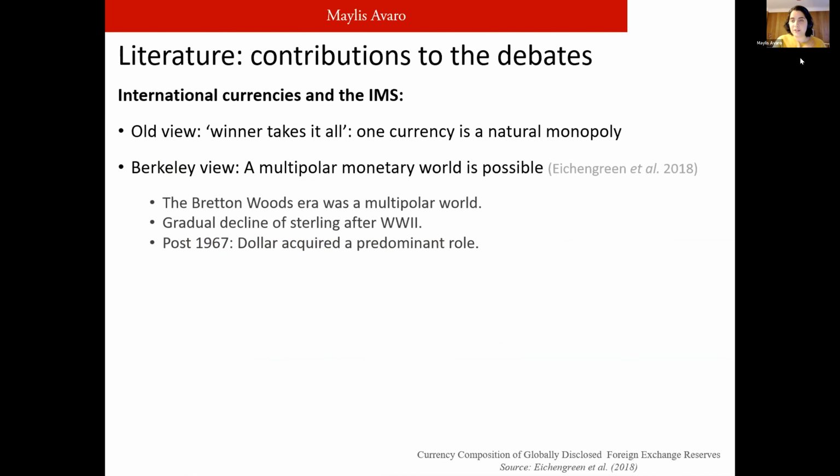So what are the debates around this question to which I contribute? First, there is the debate about the possibility of having a multipolar currency world. The old view was that international currencies tend to work as a monopoly market, so one currency would become the dominant instrument and fulfill all the functions.